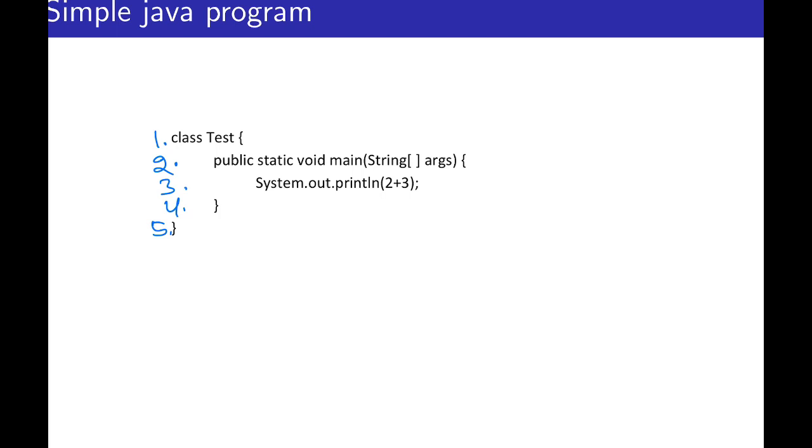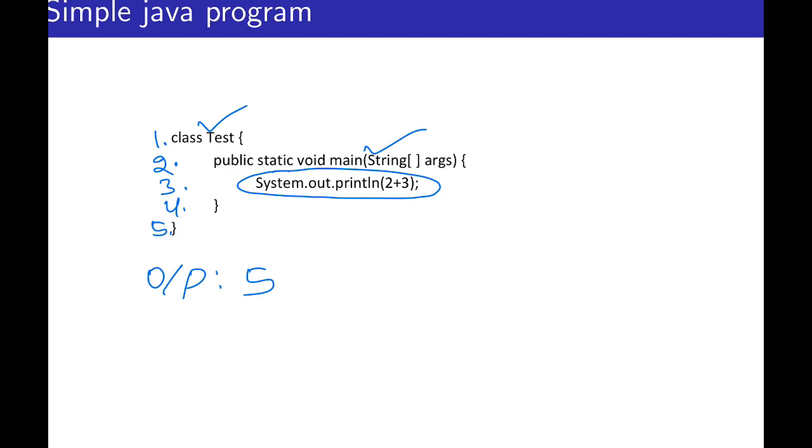Line 1 defines a class Test, in line number 2 we have written the main method, and line number 3 is a statement that is printing 2 plus 3. When you compile and run this program, you will get the output 5.